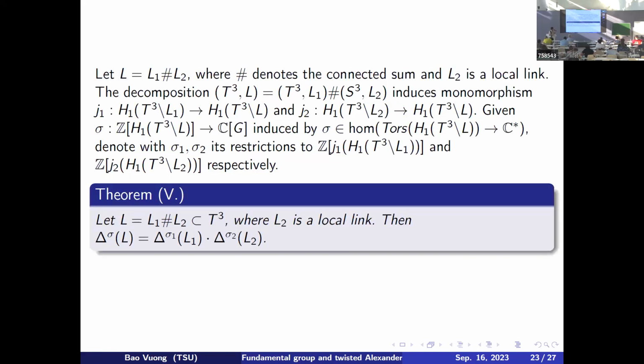And for the twisted Alexander polynomial of a link that is a connected sum of L1 and L2, where one of them is a local link, the Alexander polynomial is the product of the two Alexander polynomials of the components of the connected sum.